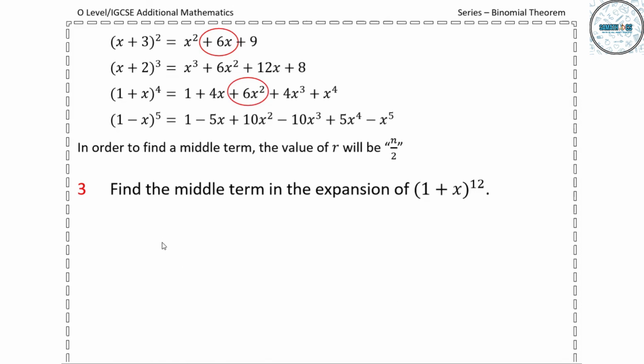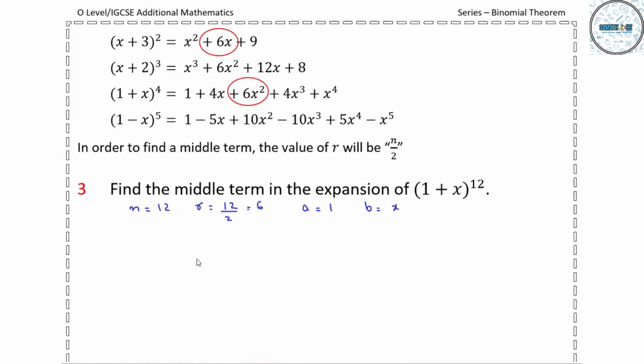Let's do a question related to the middle term. Find the middle term in the expansion of (1 + x)^12. n is 12. So the value of r for the middle term would be n divided by 2, which is 12 divided by 2, so it is 6. a is to be considered as 1 and b is to be considered as x.